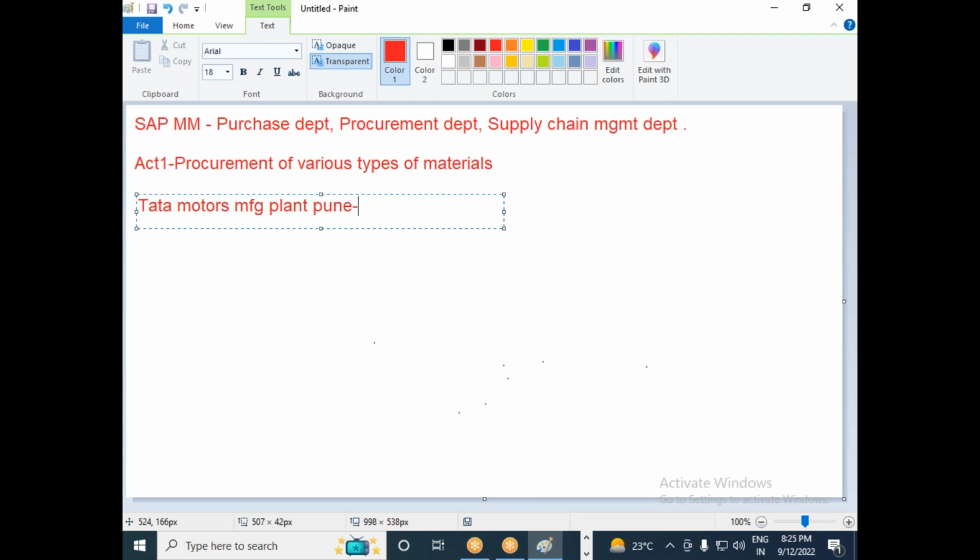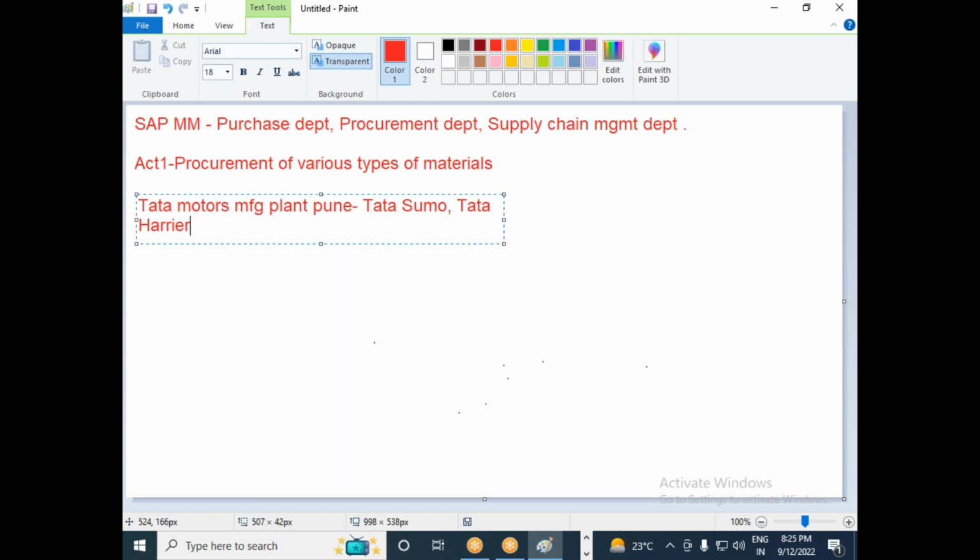What activity are they doing in the Tata Motors Pune manufacturing plant? They are producing various types of Tata vehicles. Let us say they are producing Tata Sumo or Tata Harrier, etc. Their main motto in the Tata Motors manufacturing plant Pune is to be producing Tata Sumo and Tata Harrier.